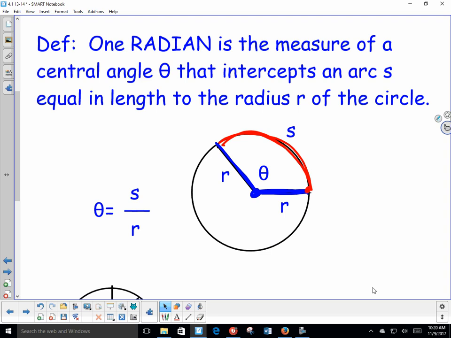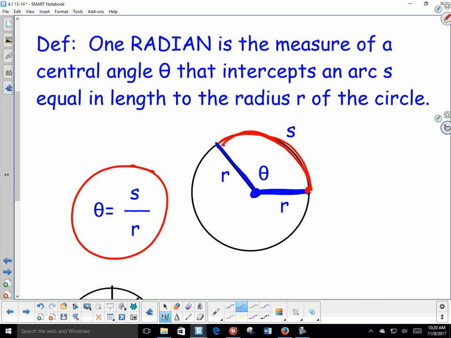So this arc length here is going to be represented by S, and then we have this formula that relates the angle, theta, the radius of the circle, R, and the arc length.